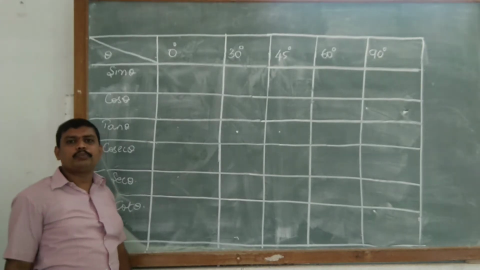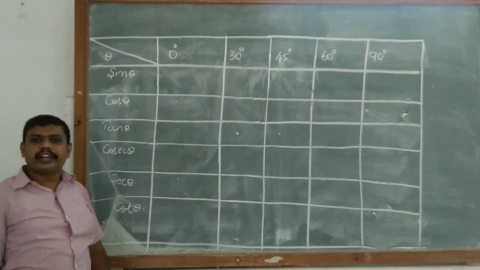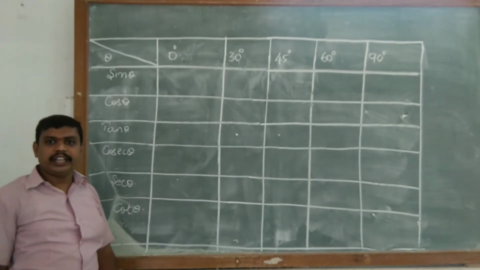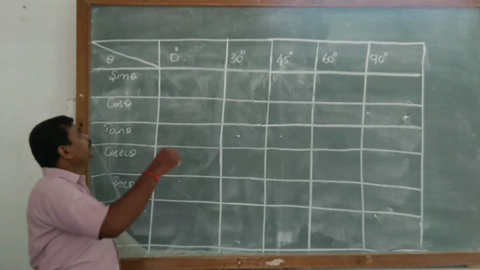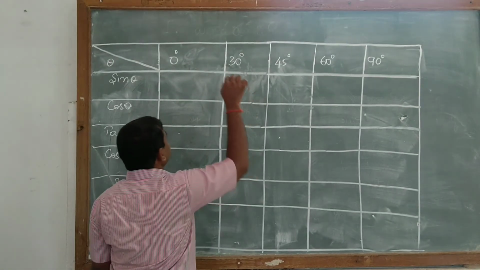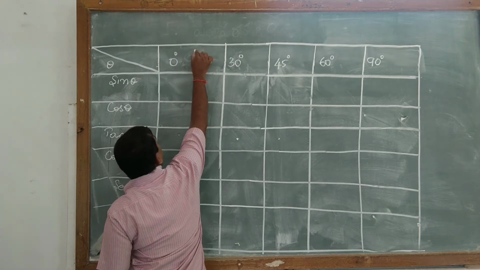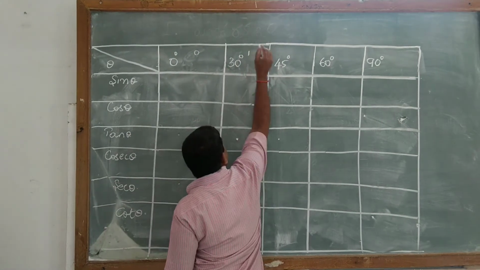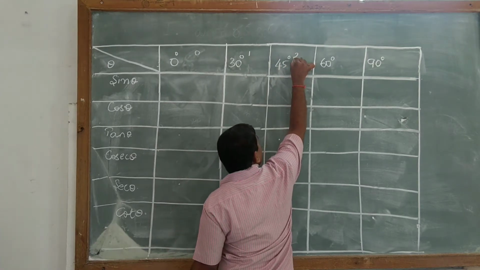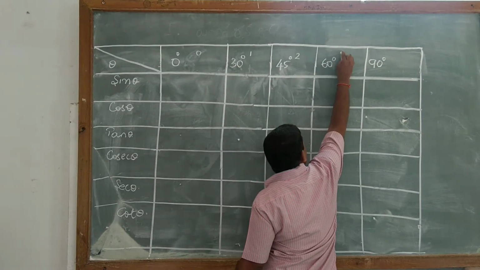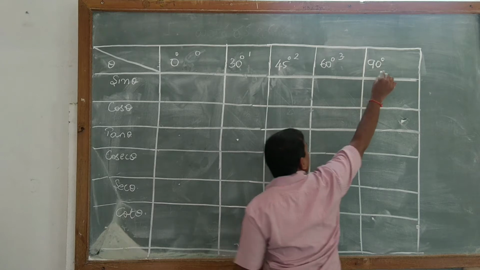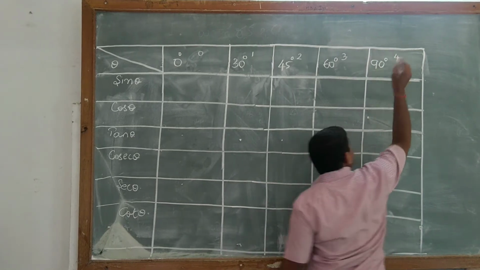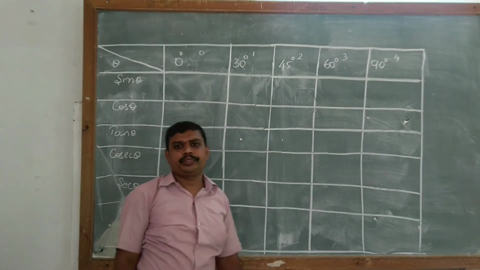Okay. First and foremost, the trick you are going to follow here is you are going to assign the values 0, 1, 2, 3, 4. First try to assign the values here.